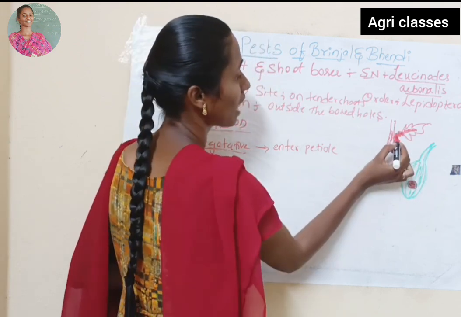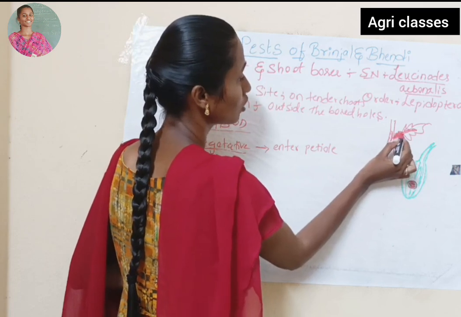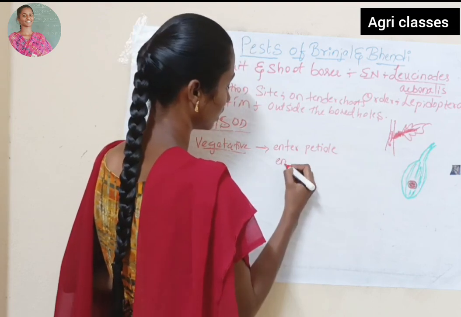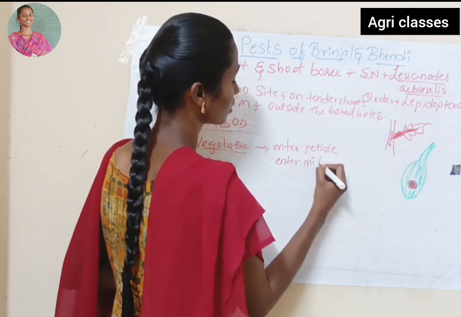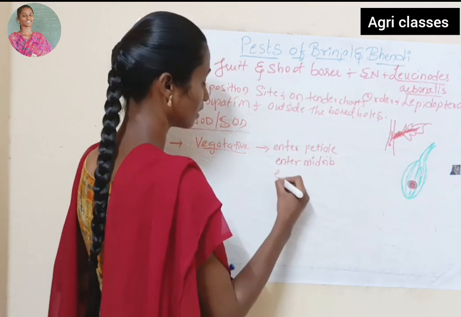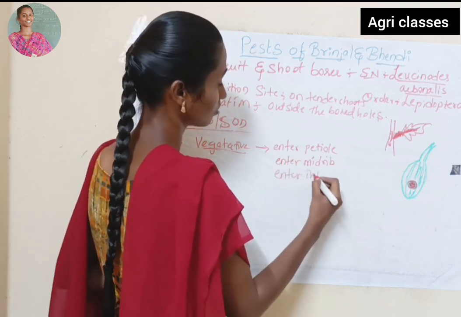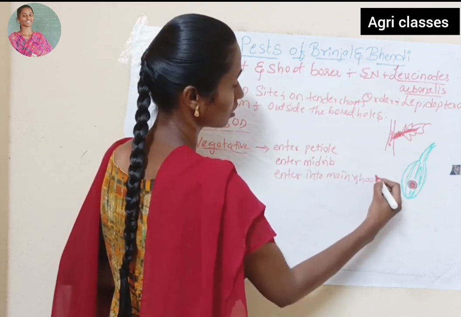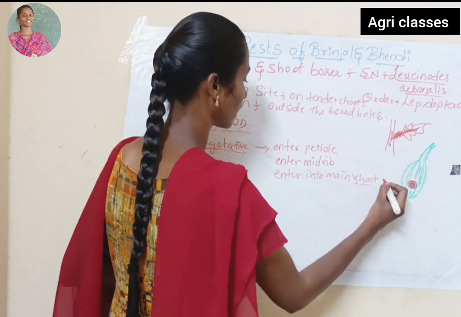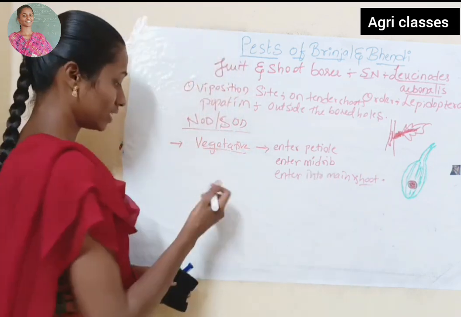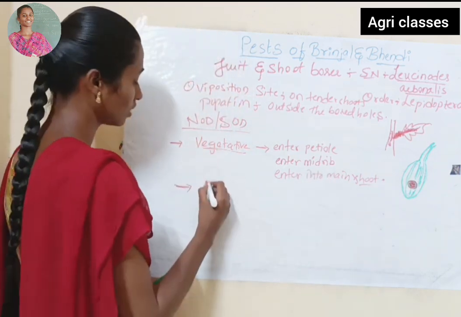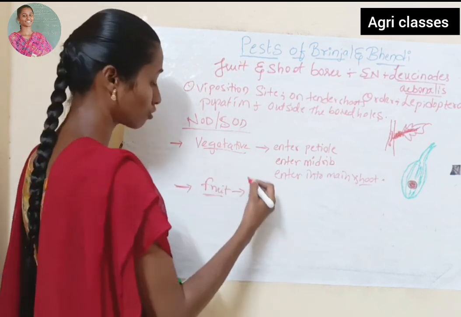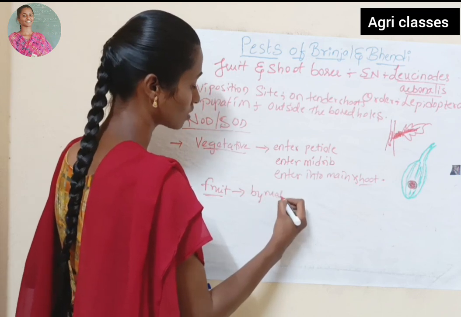Okay. After hatching, they will enter into the petiole, then into the midribs, then into the main shoot, and they will eat inside the shoot and make the shoots dry. After that, after fruiting, they will enter into the fruits by making small holes.